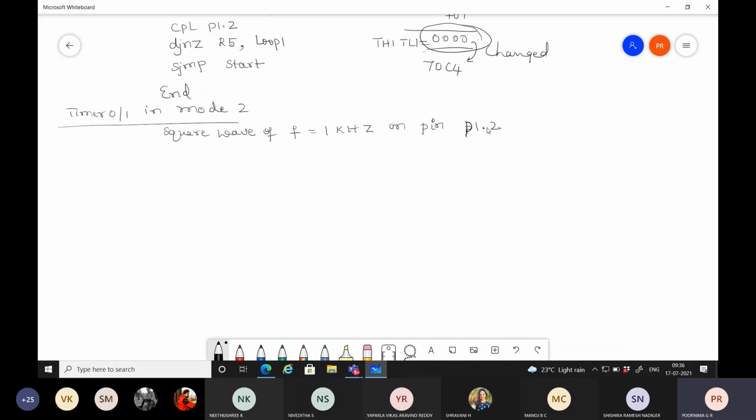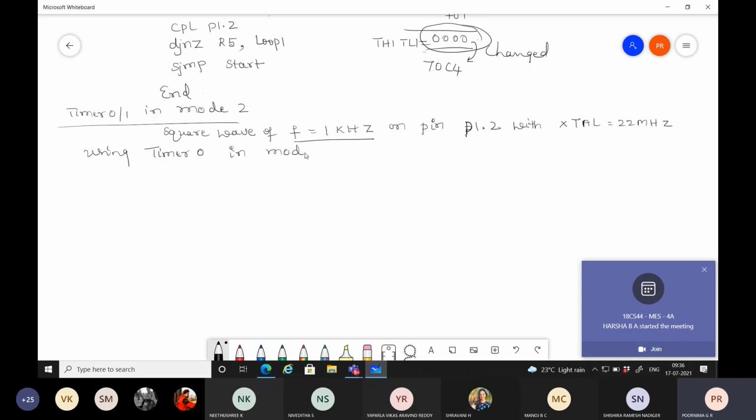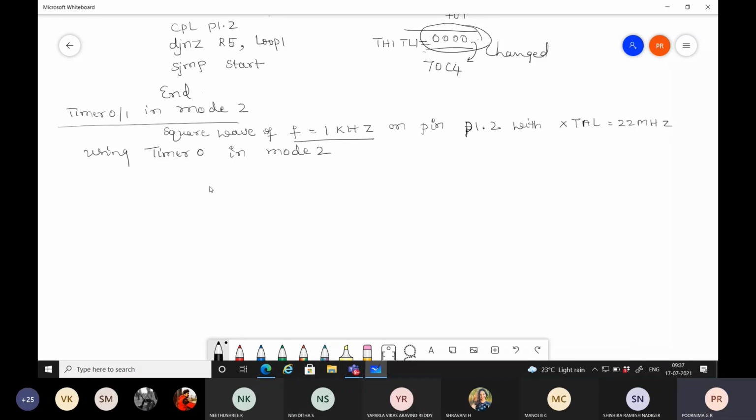Port P1.2 square wave has to be generated of frequency 1 kilohertz with the crystal frequency of 22 megahertz and using timer 0 in mode 2. Fine students, is it clear now the question?